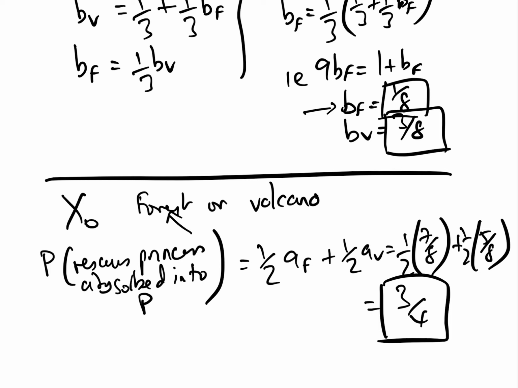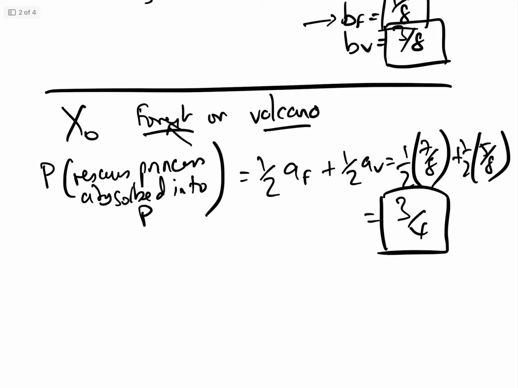And so therefore the probability that he rescues the princess or is absorbed into P, given that he has a 50-50 chance of being transported Star Trek style into either the forest or the volcano, is 3/4.